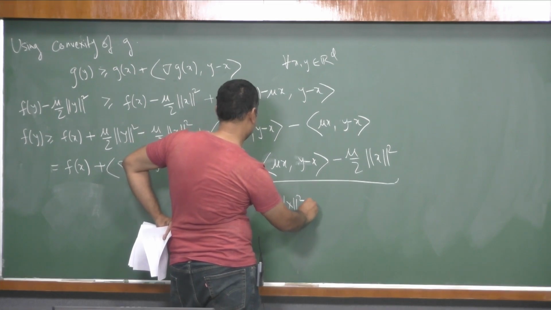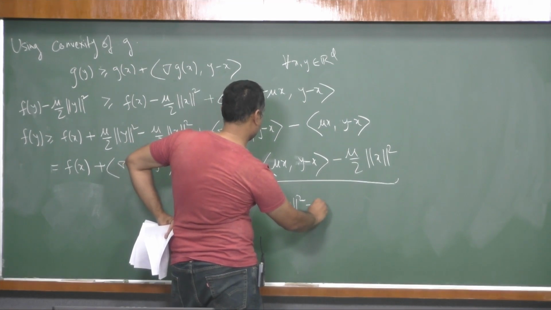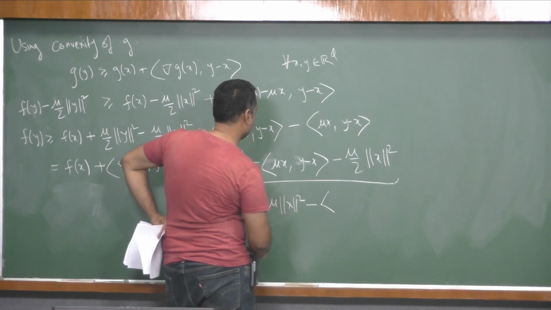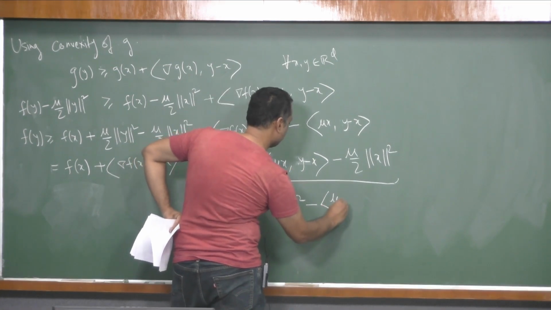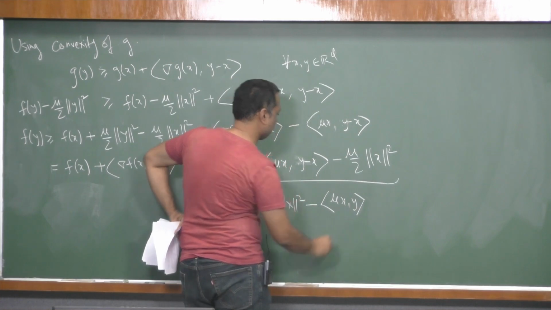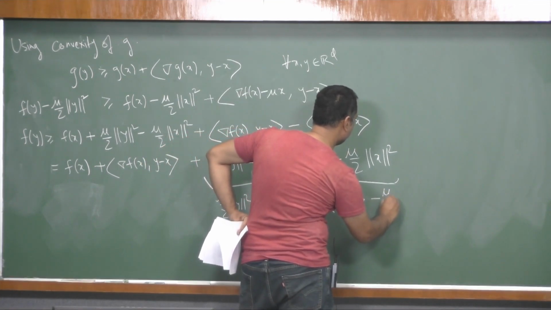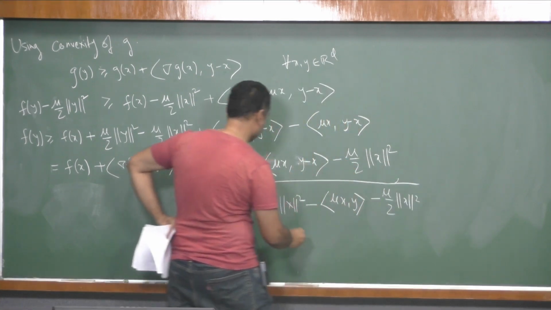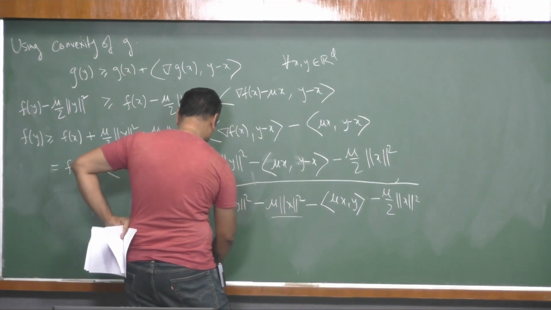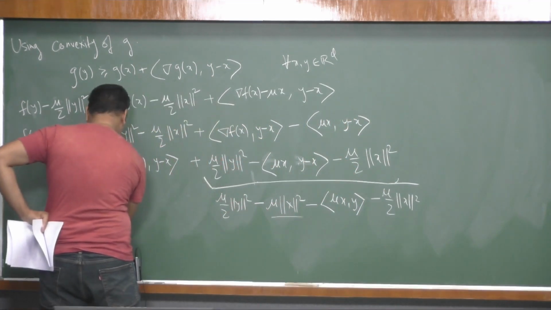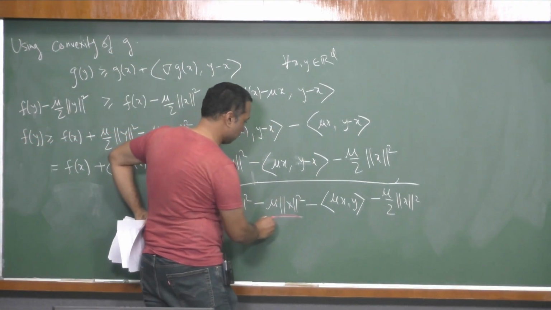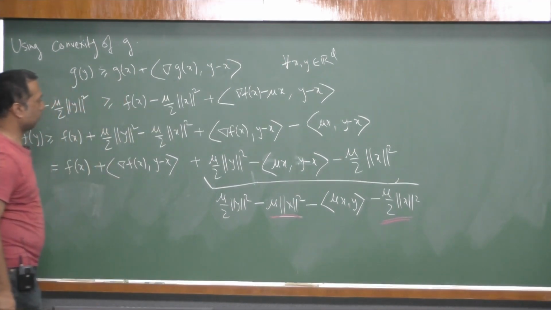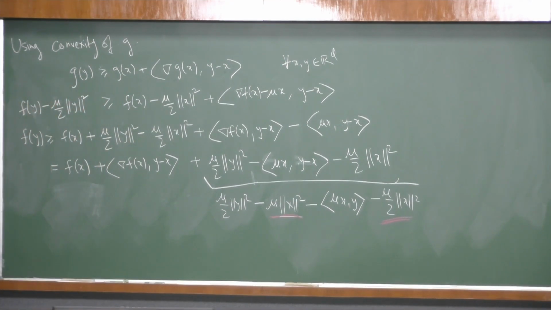And let us keep it minus only, and then mu x y, and then we have mu by 2 norm x squared. Okay, so this mu by 2 and this one, right? Oh, it should have been plus.